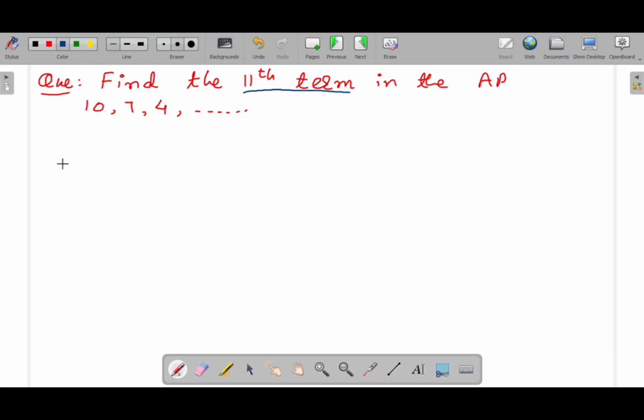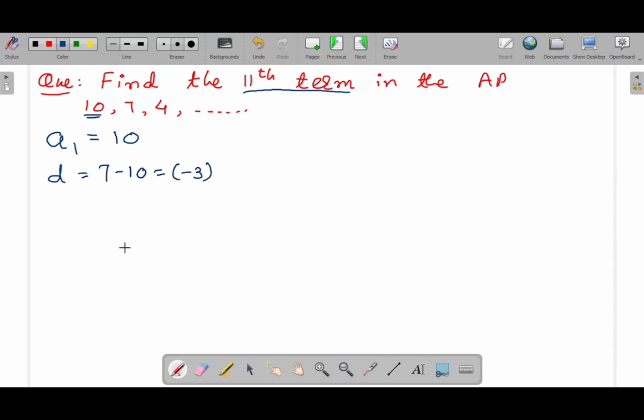Yes, let's go ahead. Here the first term is given as 10. That means for you, A1 is 10. If I calculate the difference, then the difference is 7 minus 10, which equals minus 3.